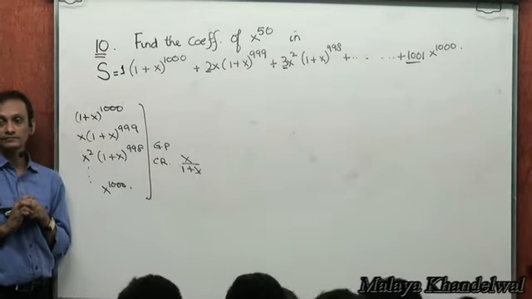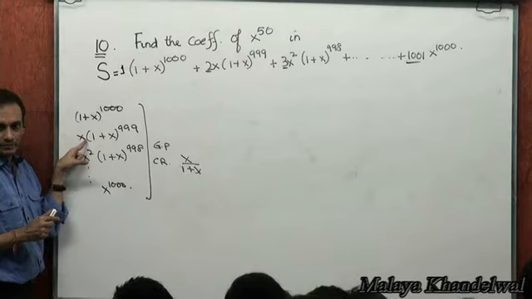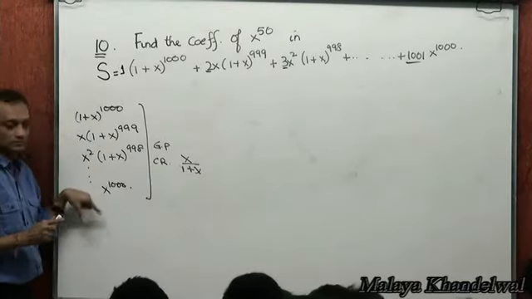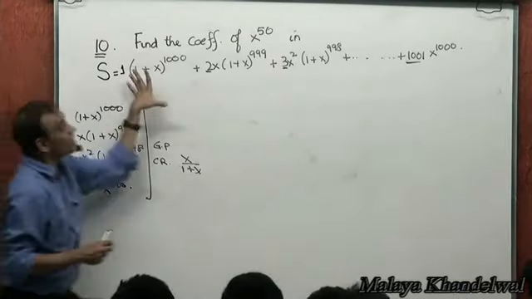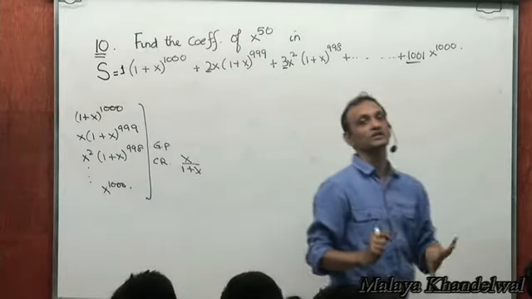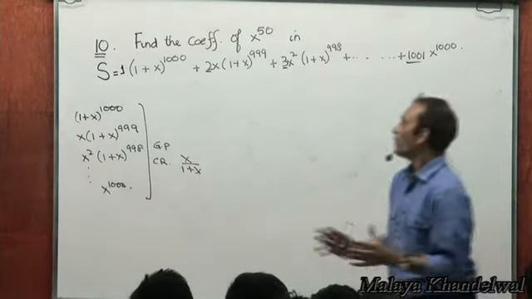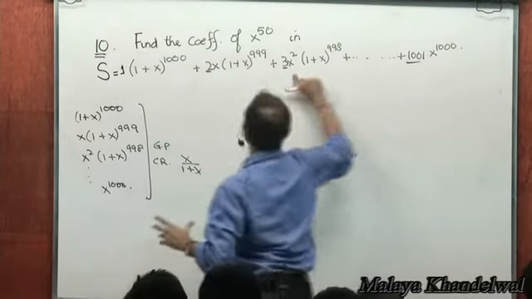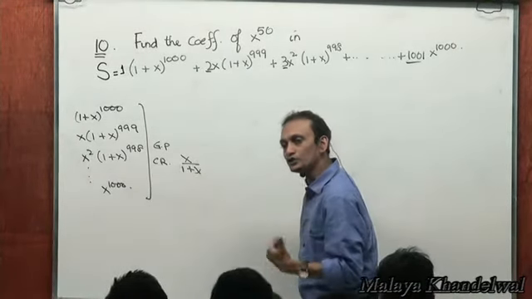Do you see that? To get any term, you multiply the previous term with x by 1 plus x. So it's an arithmetico-geometric progression, partially 1, 2, 3 AP, and the second constituent is all GP.